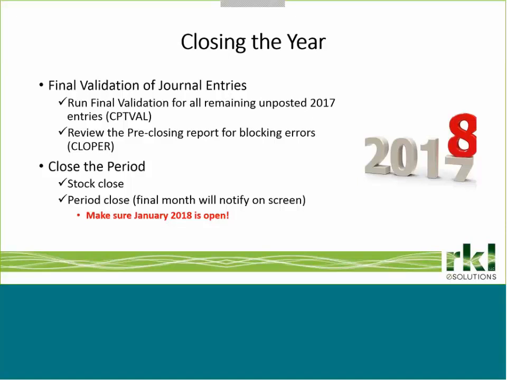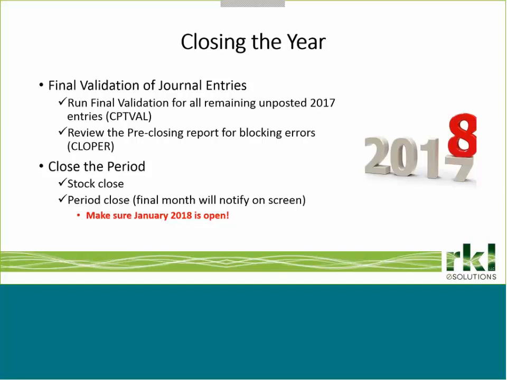So if the general ledger still has temporary entries in there, you need to make those final. You can also run the CLOPPER report, the pre-closing report, so that you can see if there are any errors out there that are going to prevent you from closing the period. And you can do that every month too.